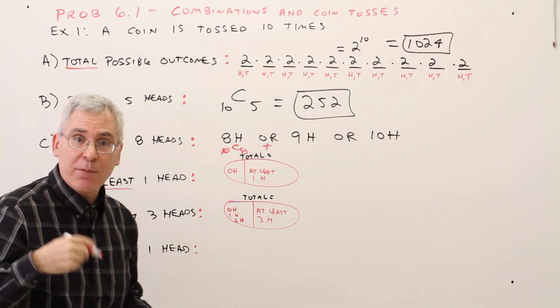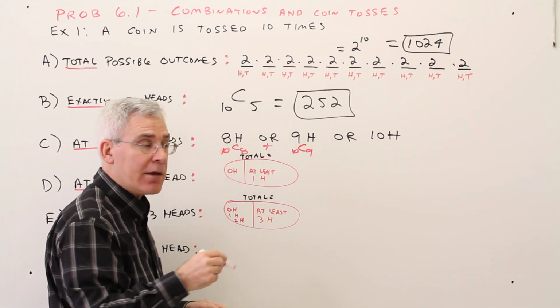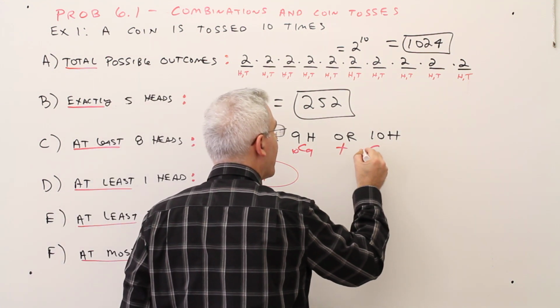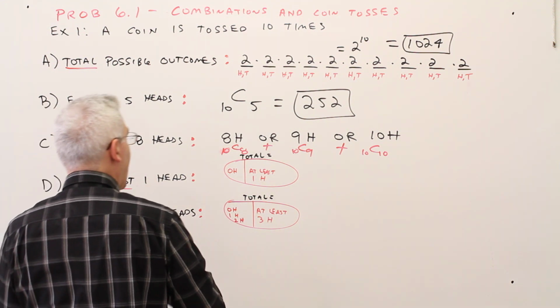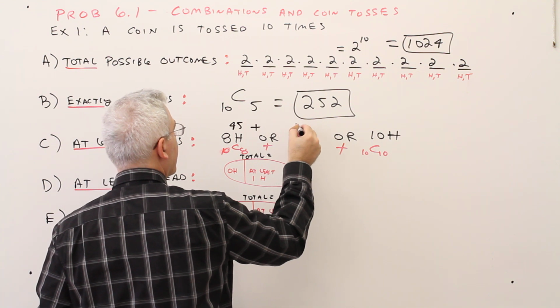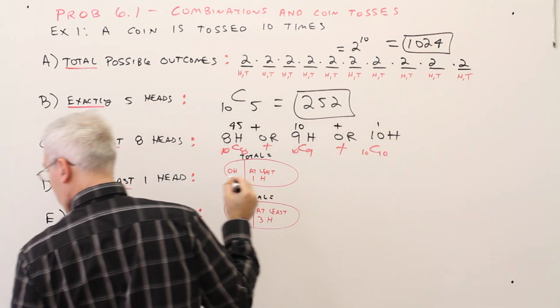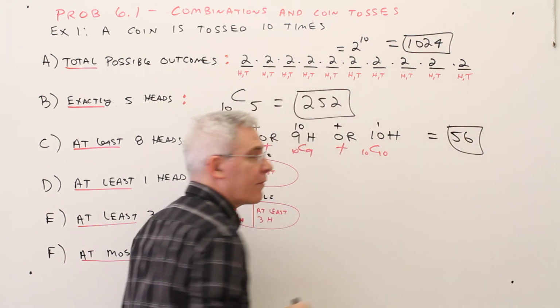Or means to add, plus 10 choose 9, plus 10 choose 10. If you compute that, that's 45 plus 10 plus 1, and we get 56 as our answer.